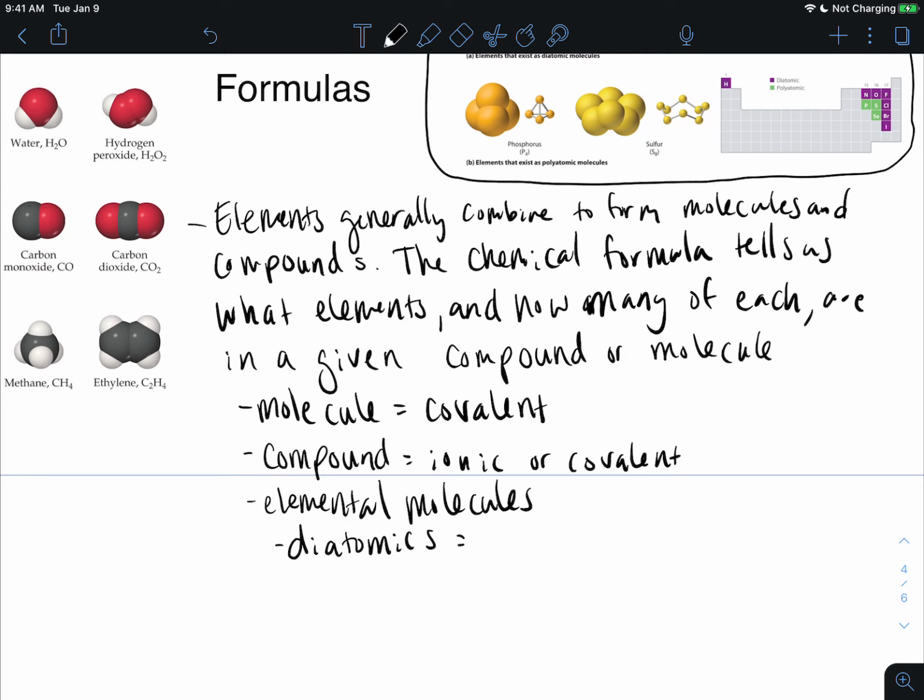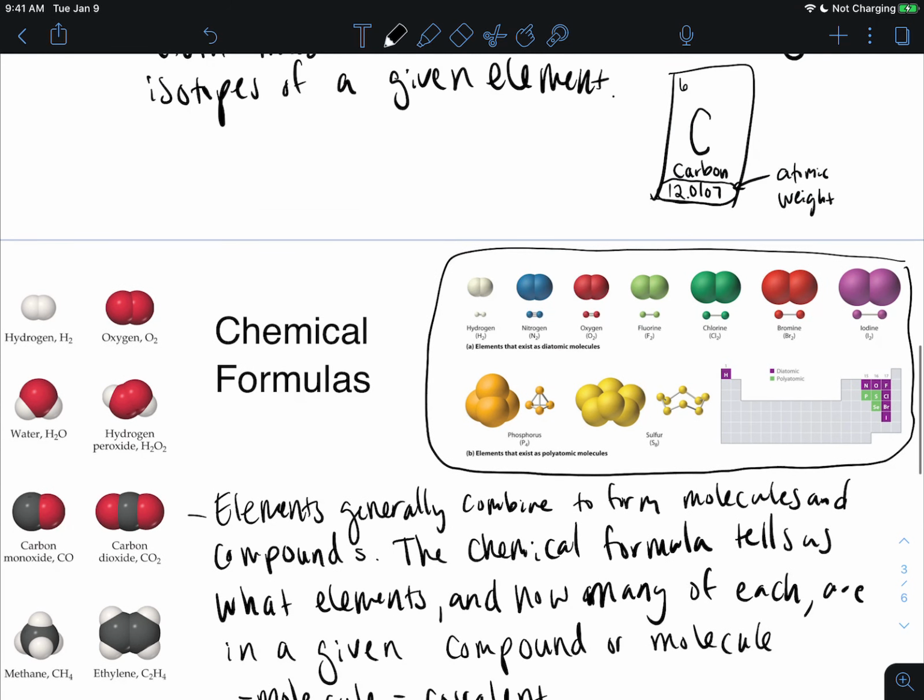This is going to include H2, N2, O2, F2, Cl2, Br2, I2. So this one right here, and then these 6 right here, and it almost looks like a little 7. There's 7 total of those diatomics you must have memorized.